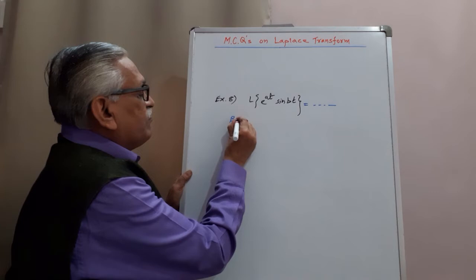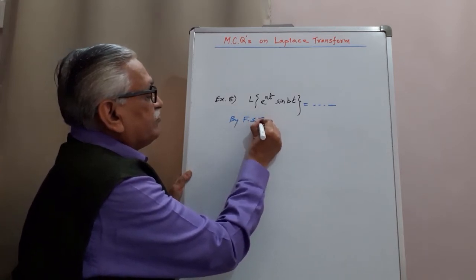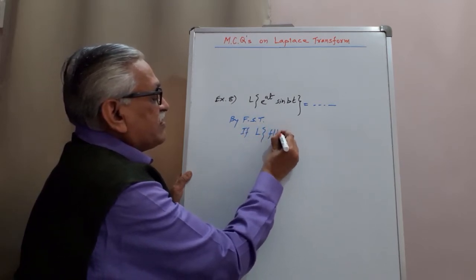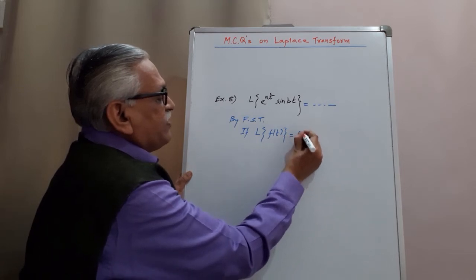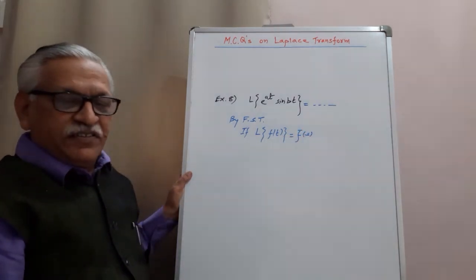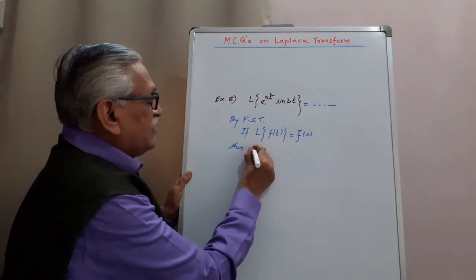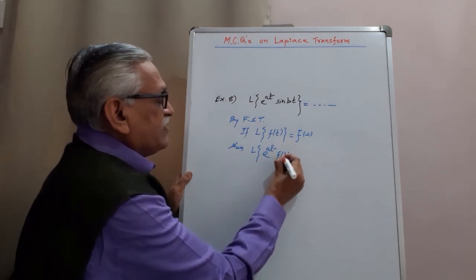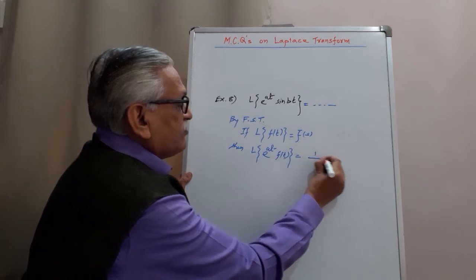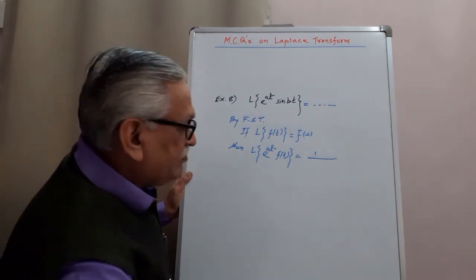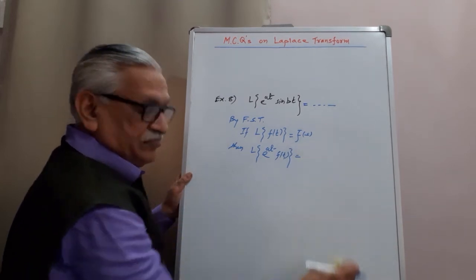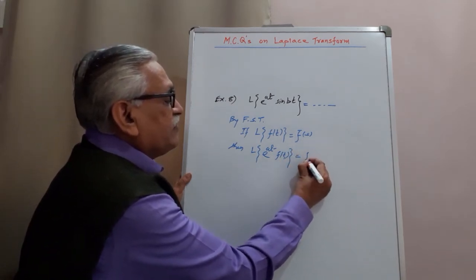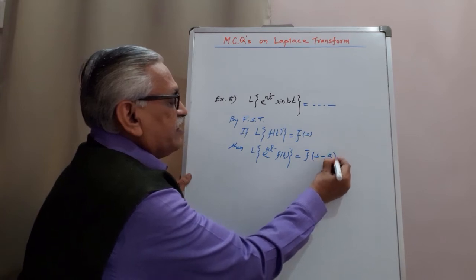Therefore, by the first shifting theorem, if Laplace transform of f of t is f bar of s, then Laplace transform of e raised to at into f of t is obtained by replacing s by s minus a, and therefore it becomes f bar of s minus a.